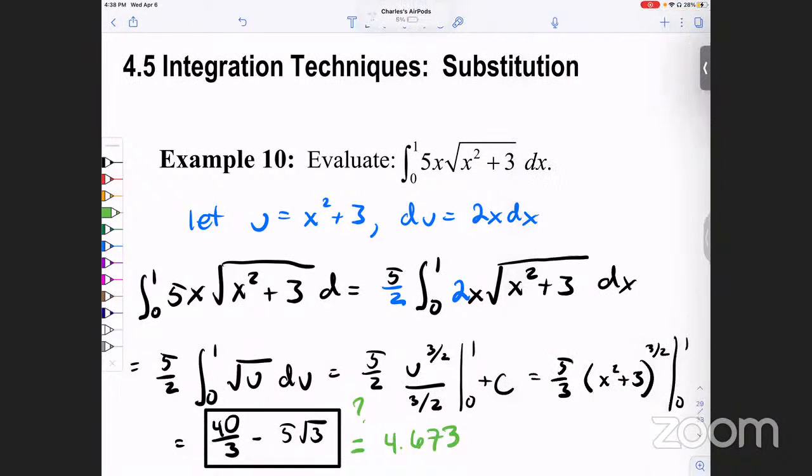It's different, but the result they gave is an approximation.